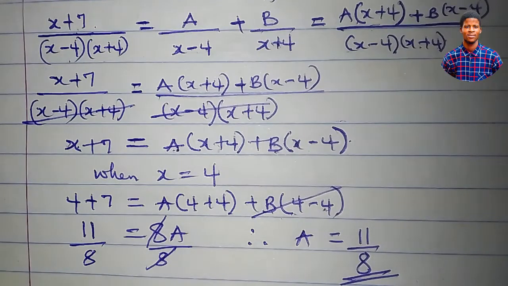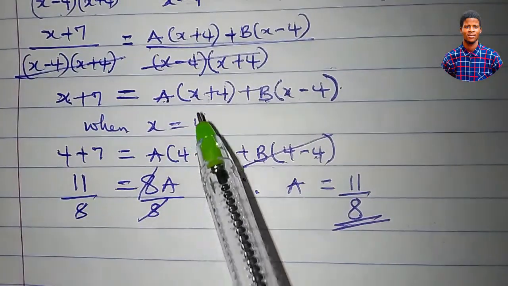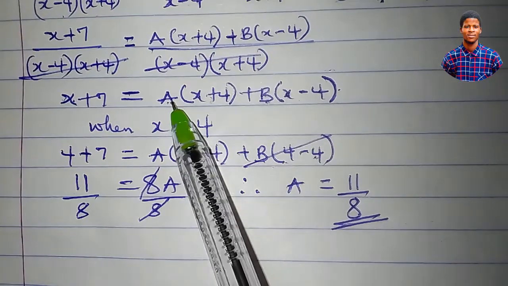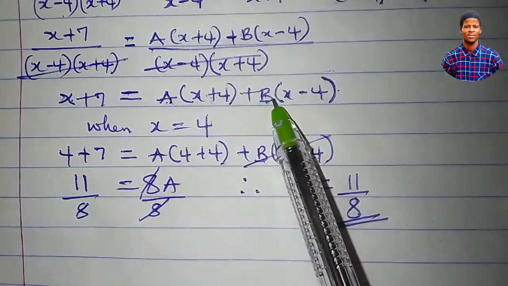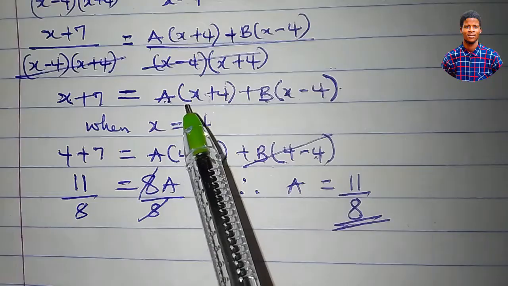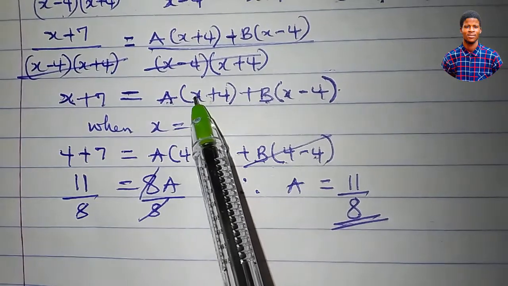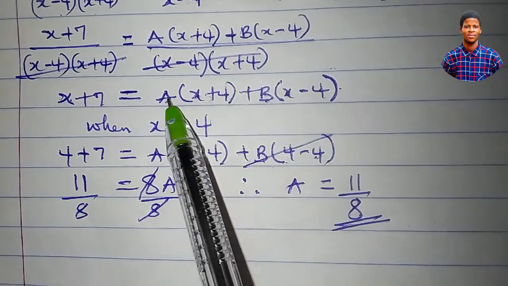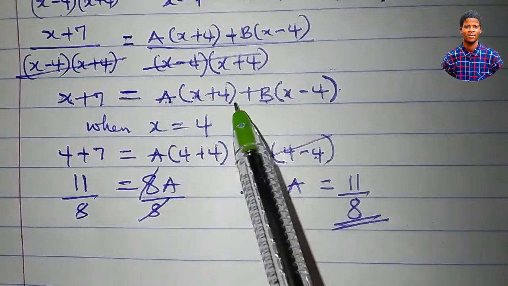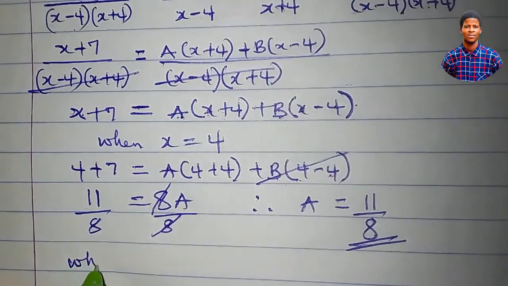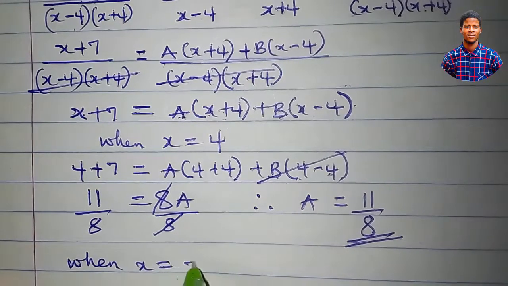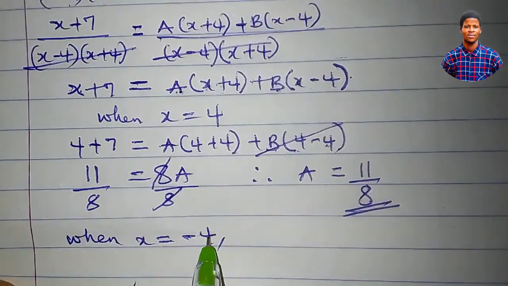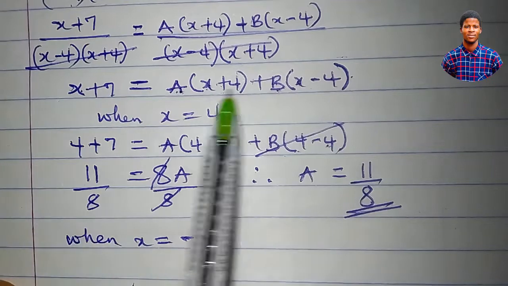So let's get the value of B. What are we going to plug in now for x to make A disappear so that B can remain? I know that if x is equal to -4, if I put -4 here, -4 + 4 is 0, and 0 times A is 0. Everything here will disappear. So when x is equal to -4, let's plug -4 for x into the equation.